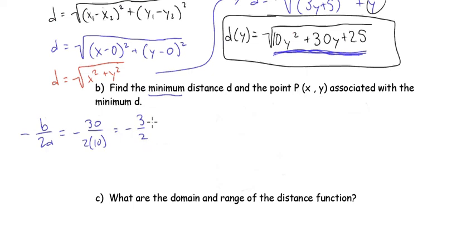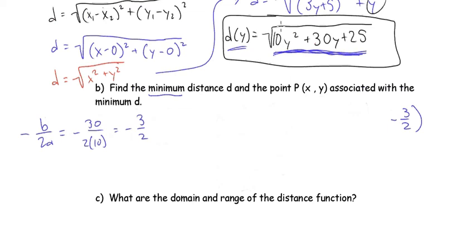That's going to be our y value. We've solved for y now. To find the minimum, we need to plug that value back in, and we can get down to our smallest quadratic here. So that's going to be our y value in the point, negative 3 halves. And to find out what the smallest distance actually is in terms of y, we're going to plug that back in.